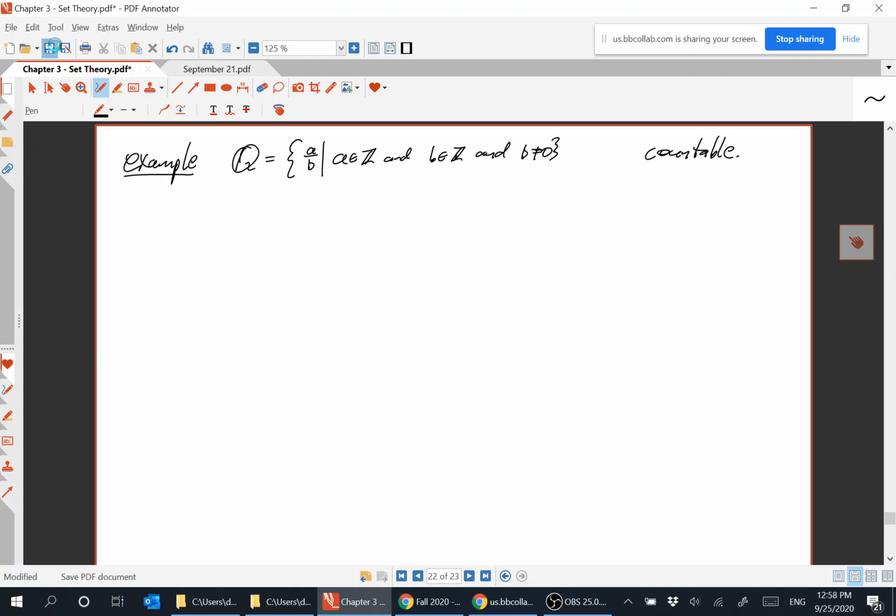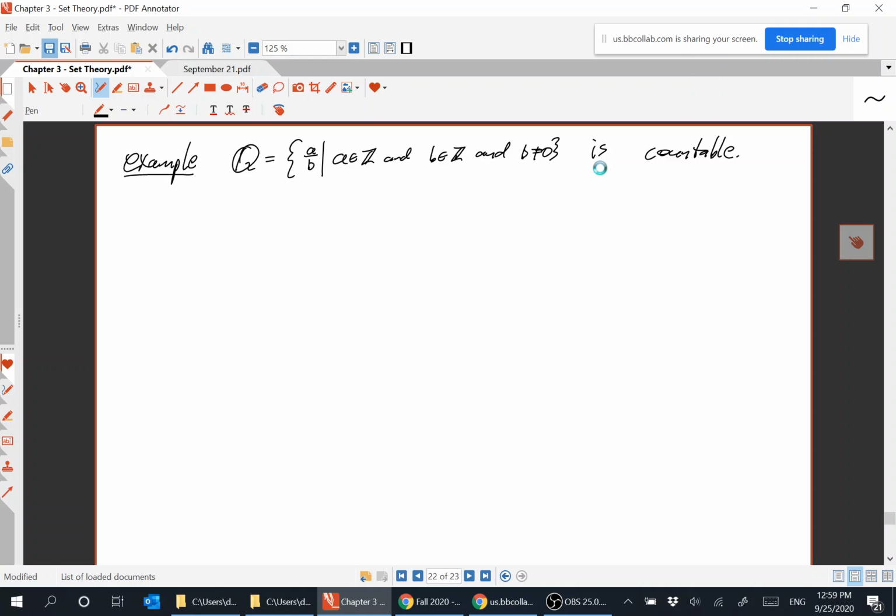Is the set of rational numbers the same size as the positive integers? Can I number the rational numbers 1, 2, 3, 4? Yeah, you can, believe it or not. It's totally counterintuitive, but it is countable.